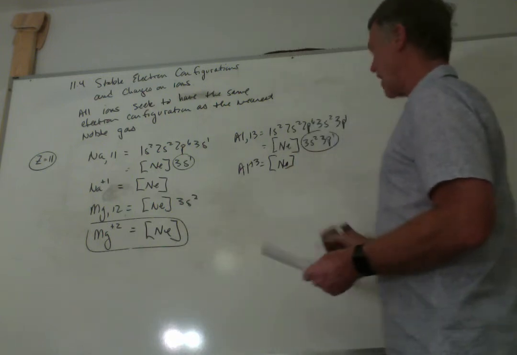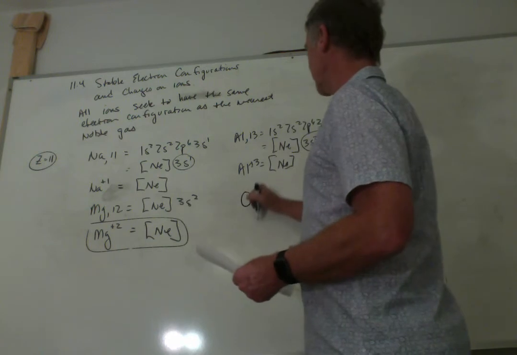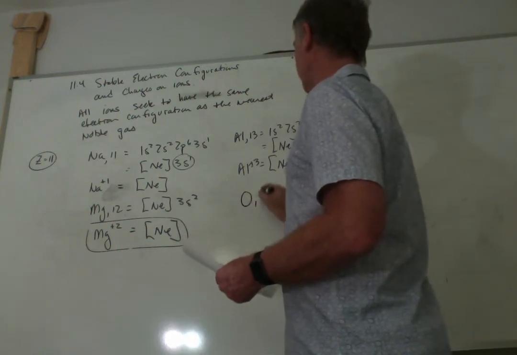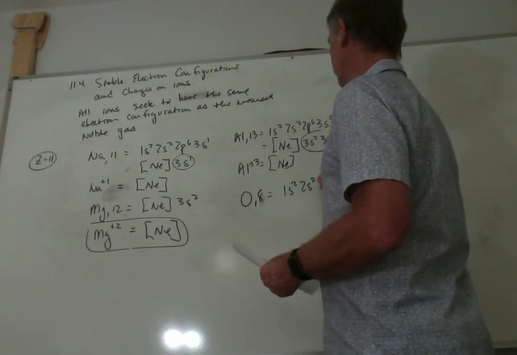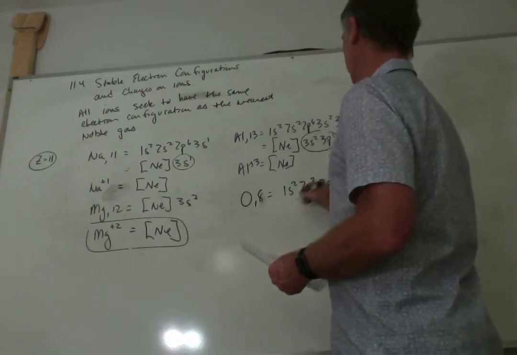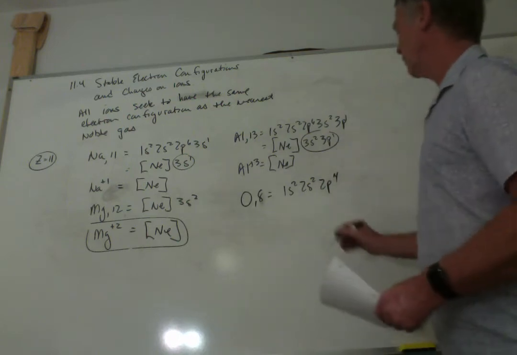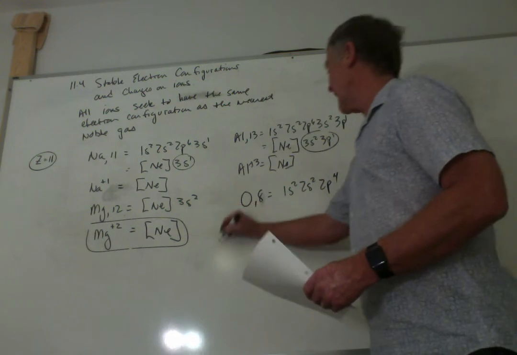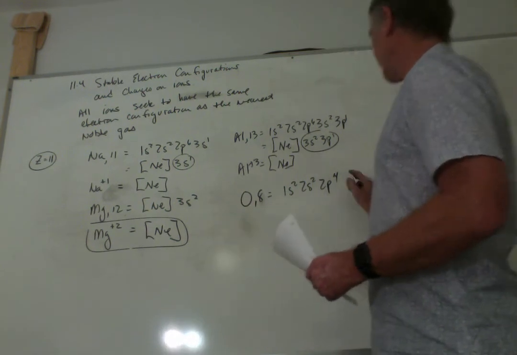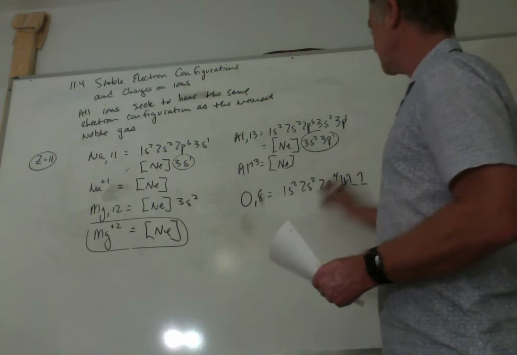If I went to oxygen, oxygen is number 8. And it is 1s2, 2s2, 2p4. But what it wants to be is like neon. And in order for it to get to neon, if we think about this, it needs 2 more electrons.